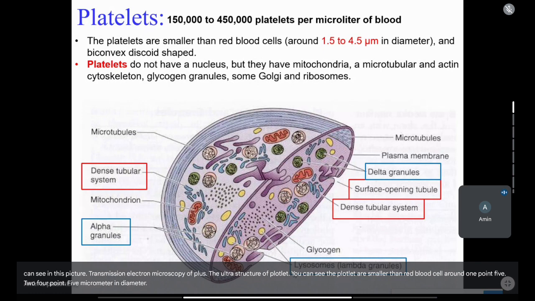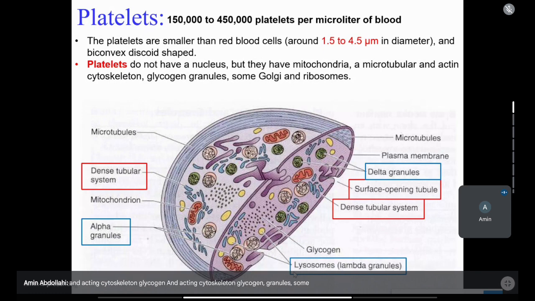And this type of cell is biconvex discoid shaped. Platelets do not have a nucleus, the same as red blood cell, but they have mitochondria, microtubule, and actin cytoskeleton, glycogen granules, some Golgi and ribosome.